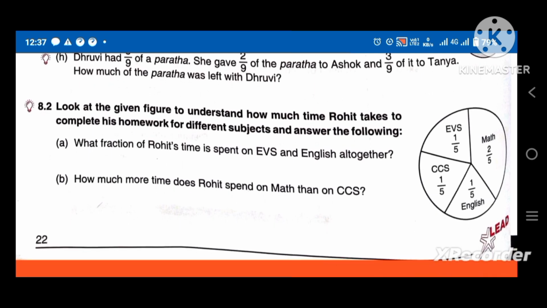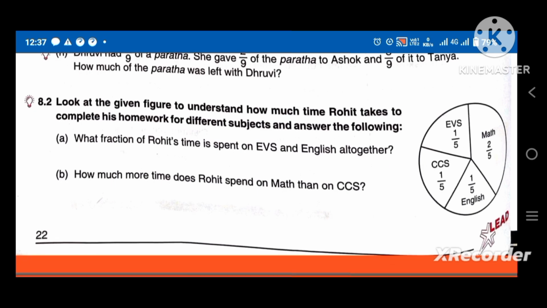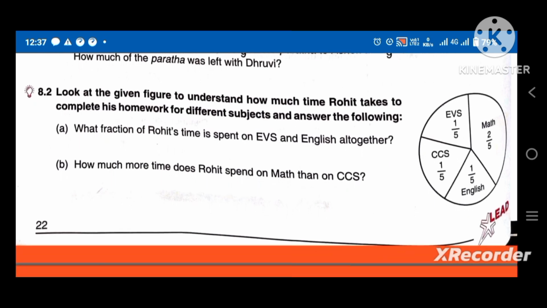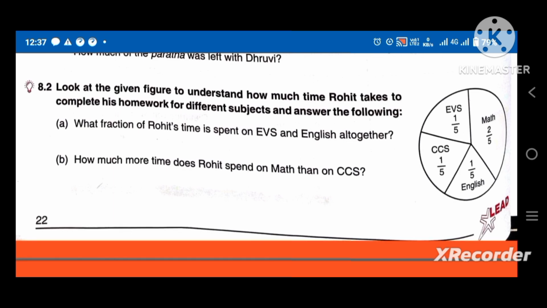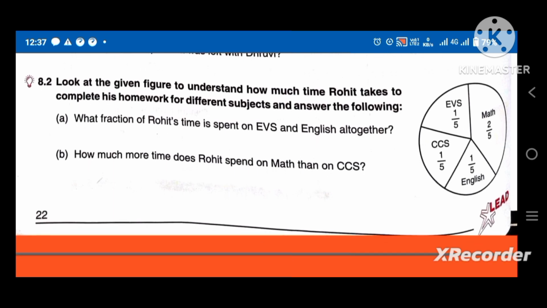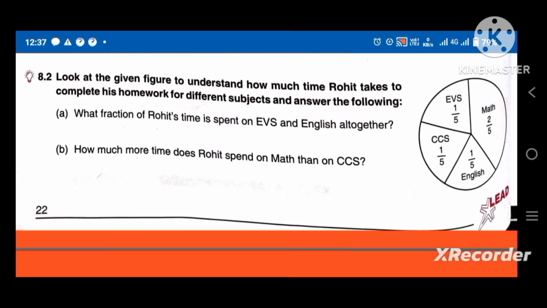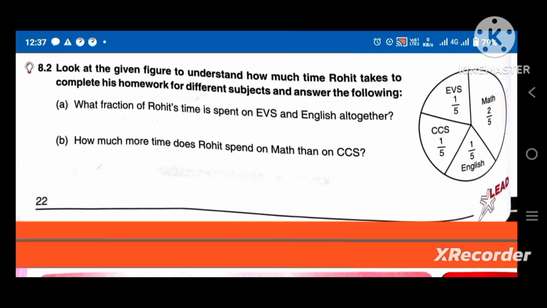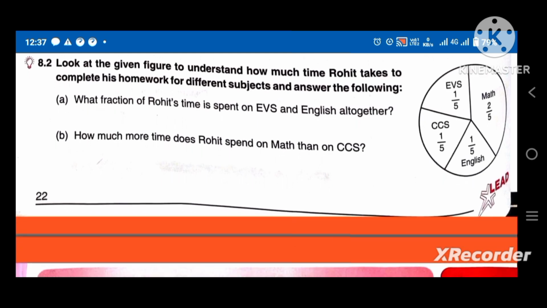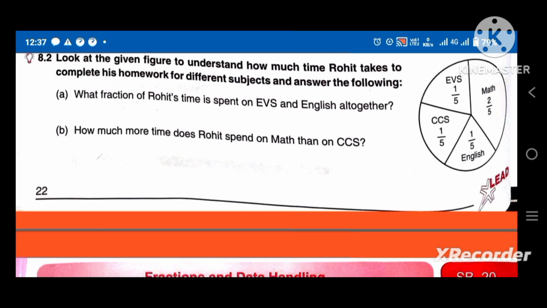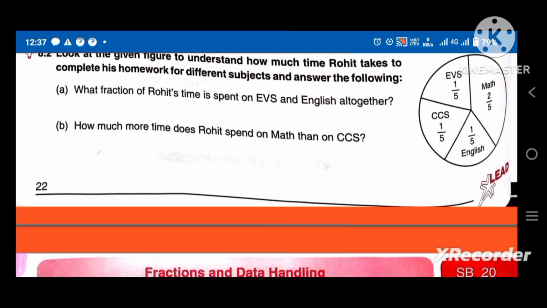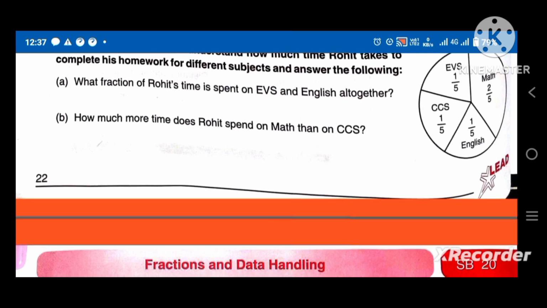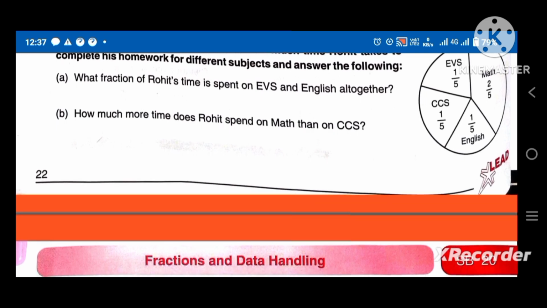A. What fraction of Rohit's time is spent on EVS and English altogether? EVS and English: 1/5 plus 1/5 is 2/5. B. How much more time does Rohit spend on maths than on CCS? Maths and CCS: 1/5 more time.